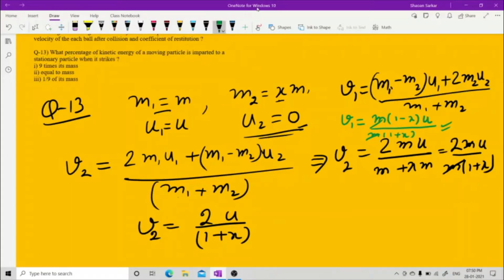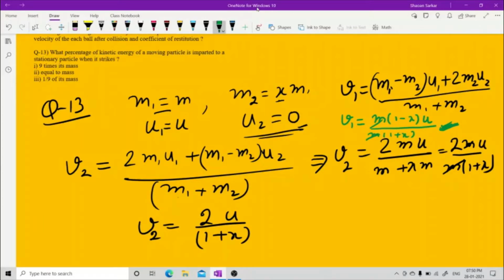Now if this is v1, they are asking what percentage of kinetic energy of the moving particle is imparted to the particle when it is at rest. Now v1 is the velocity of the first particle, and I'm not interested in this velocity.